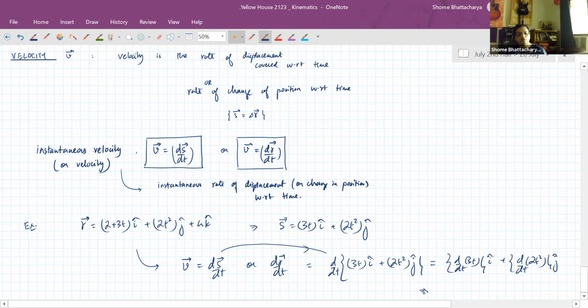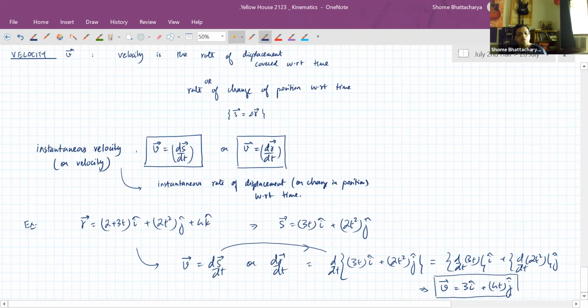So here the instantaneous velocity is 3 i cap plus 4t j cap, and its unit will be meters per second, because the position and displacement were in meters and time was in seconds. Now if you apply this other definition, then also you'll get the same thing. If you differentiate this term, it makes no difference. You will come up with the same term, 3 i cap plus 4t j cap.